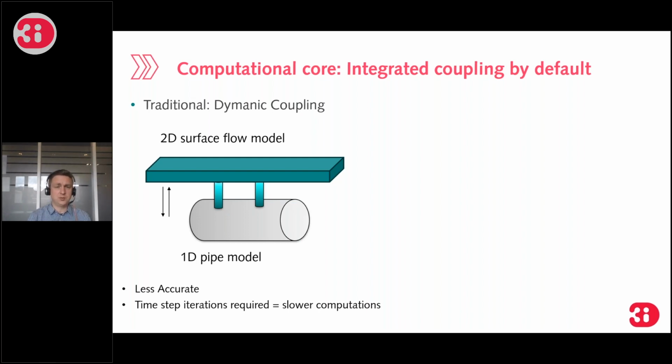Then it says, okay, you want it fast, so I'm going to swap large amounts of water. I'm just going to guess roughly how much water is going up and how much water is going down, and that's it. And that contributes to the mass balance error in your simulation. So if you do this kind of simulation, I encourage you to look at the flow summary. Every software has a flow summary. Look at what the volume of error is that is estimated in this flow summary, and then see how comfortable you are with that.